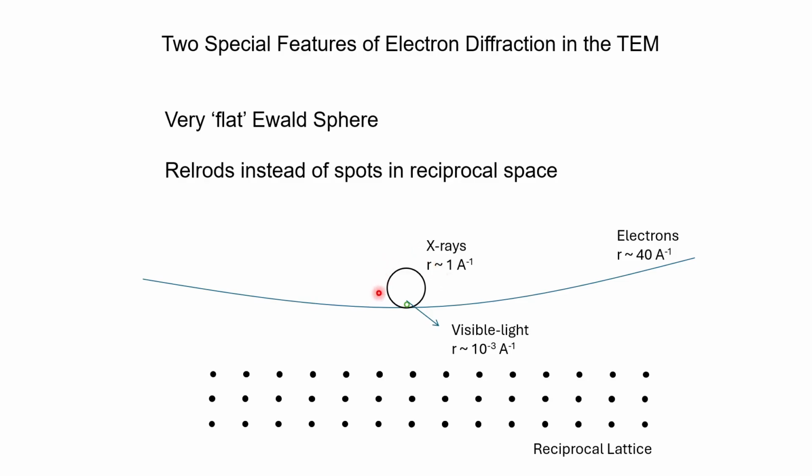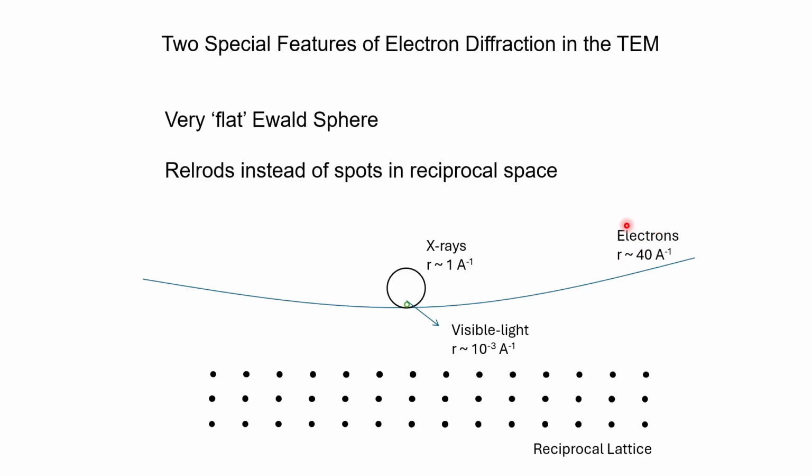And the X-rays have a slightly larger Ewald sphere as compared to the visible light, so this can touch other points in the reciprocal lattice, but only one or two points at a single time.